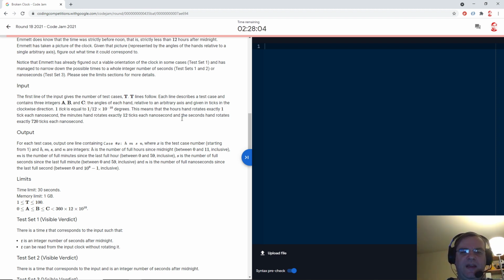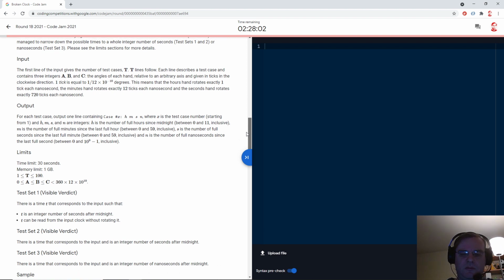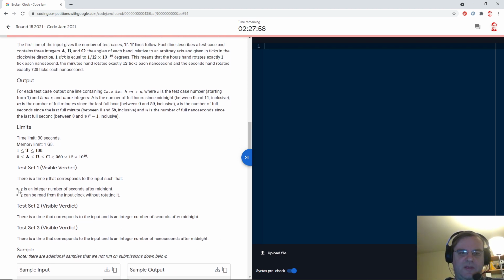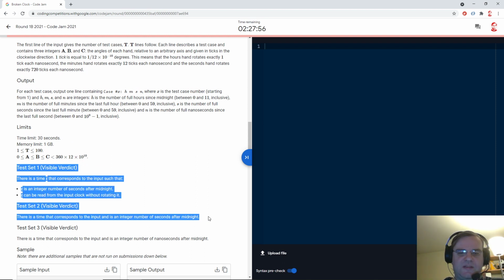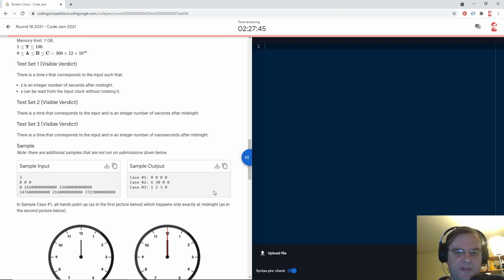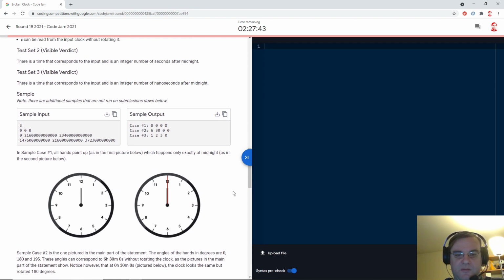There are too many nanoseconds to just try each one, which is probably what test 1 and 2 are for. For test 3, oh, they're all visible. Oh, that's interesting. Okay, so if I get it correct, I'll get it correct.